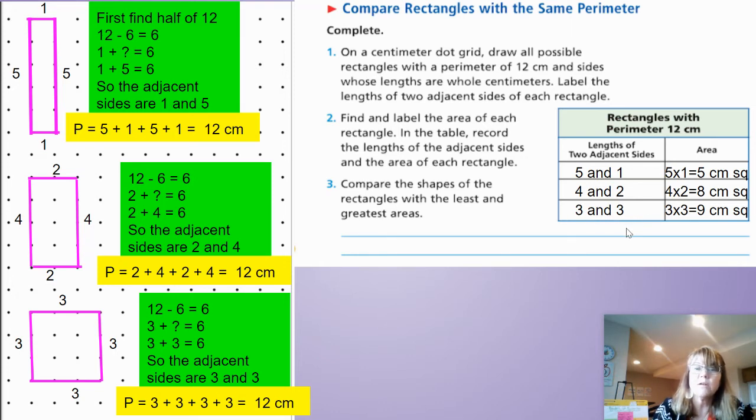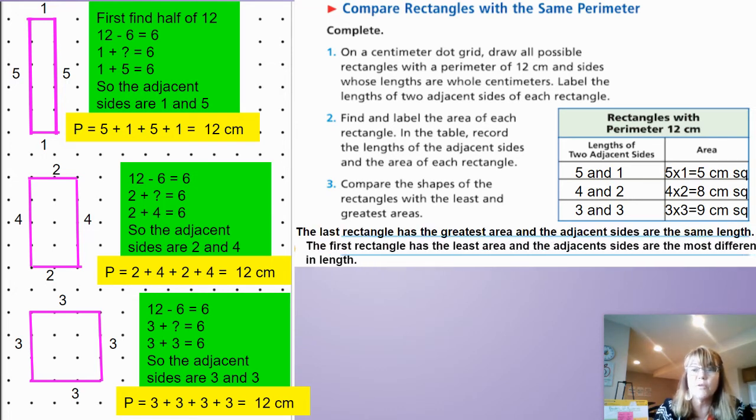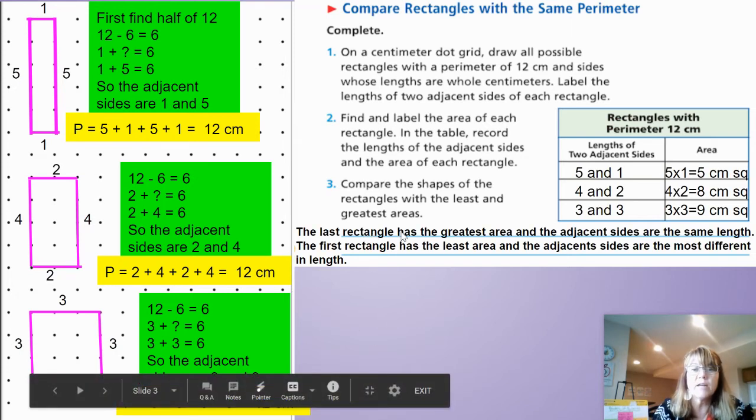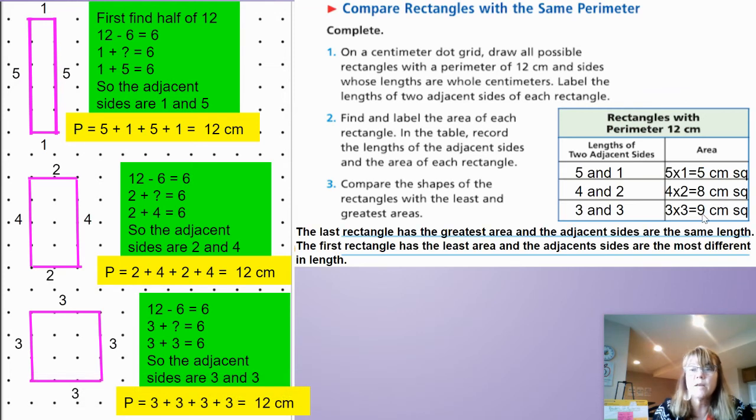So if I wrote a sentence for this: the last rectangle has the greatest area, and the adjacent sides are the same length. The first rectangle has the least area, so the 5, and the adjacent sides are the most different in length. So there you have it. That is on page 325, numbers 1, 2, and 3.